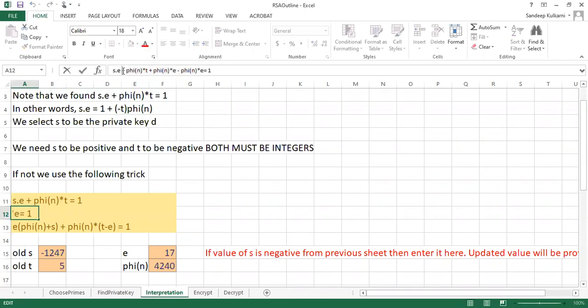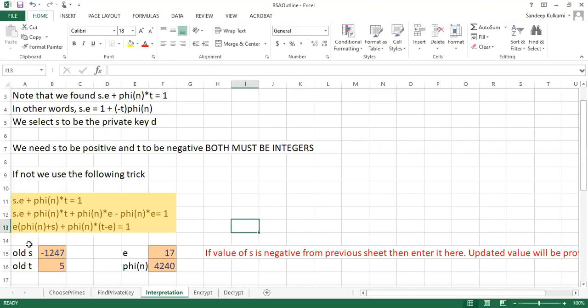Then I'm going to combine this with this other term, and I observe that E is a common factor of those. So I'm going to write this as E times phi n plus S plus phi n times.